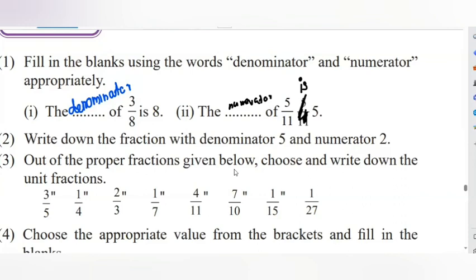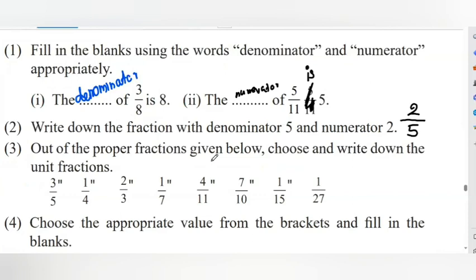Then how do we express it? When the denominator is 5 and numerator is 2, how do we read this? 2 out of 5. Very good. Out of the proper fractions given below, choose and write down the unit fractions.